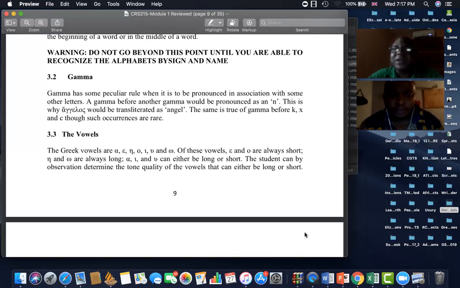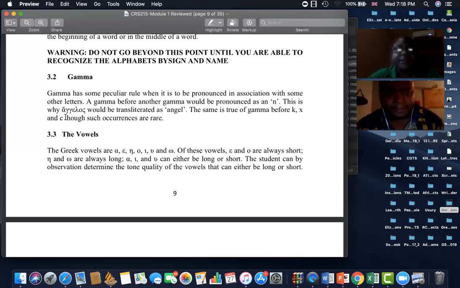The sound for nu is actually the English N. That's why you see the word we use as an example there: alpha, gamma, epsilon, lambda, omicron, sigma. If I'm going to pronounce that word, I am not going to pronounce it as agege. I am going to pronounce it as angelos, because the first gamma will be pronounced as a nu. So that is the Greek word that is transliterated as angel, angelos.